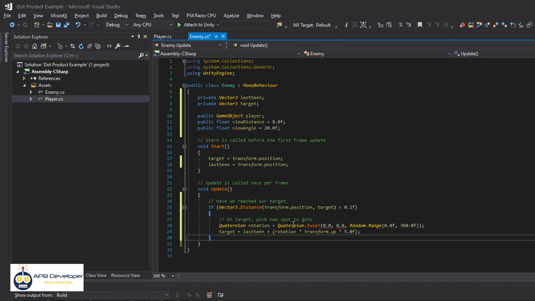So it actually just picks a random point. When we've reached it, pick an angle between 0 and 360, pick a distance 5 units away from where we are, and there you go, that's our new target position.